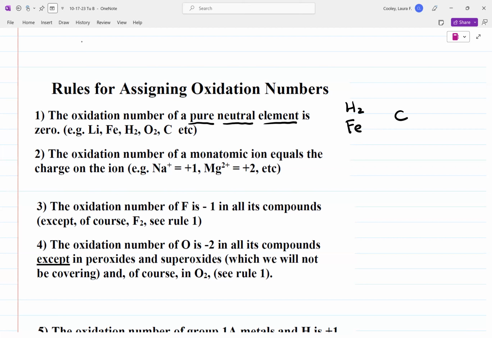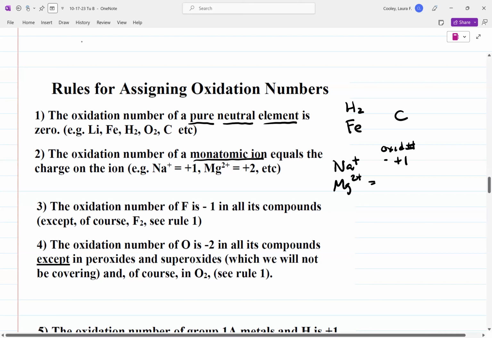Carbon by itself, pure element. If you have a monatomic ion, what that means is that you just have one thing, like Na plus or Mg2+, the oxidation number is equal to the charge on the ion. Okay, here the oxidation numbers are all 0.